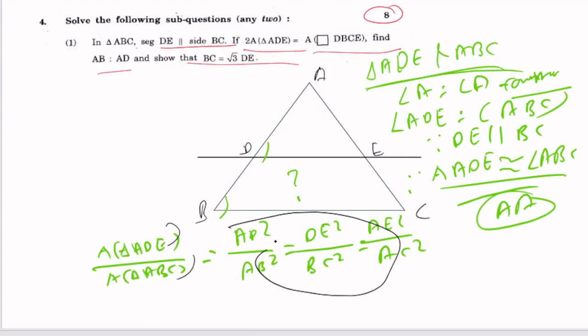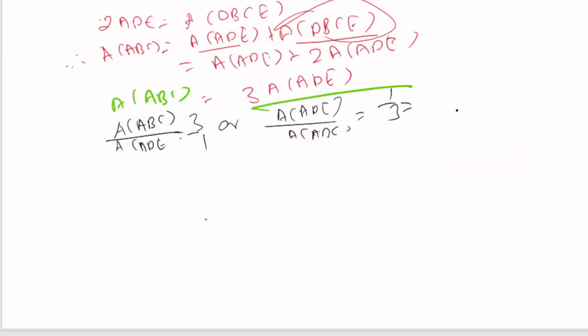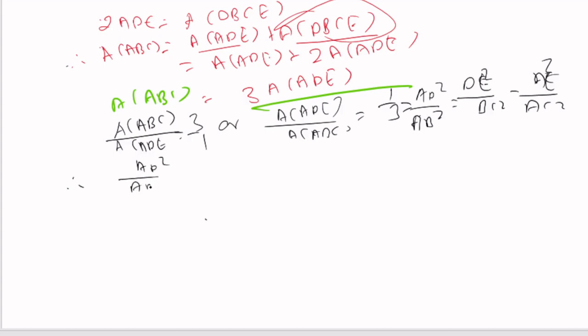Same thing we can write there also: AD square upon AB square is equal to DE square upon BC square, and AE square upon AC square. So we can write this combination. AD square divided by AB square is equal to 1 upon 3, or we can write this way also. Reverse of it, AB square upon AD square is equal to 3 by 1.